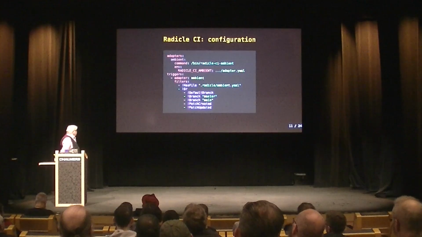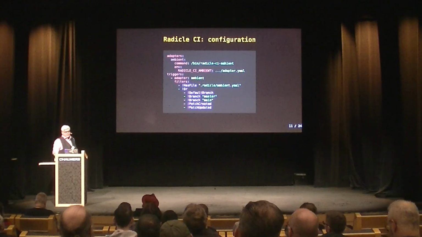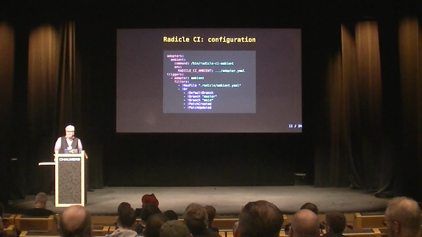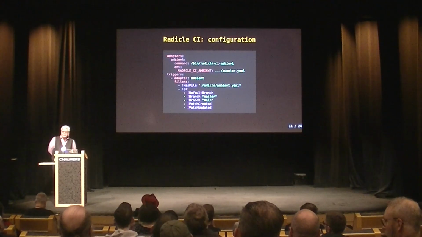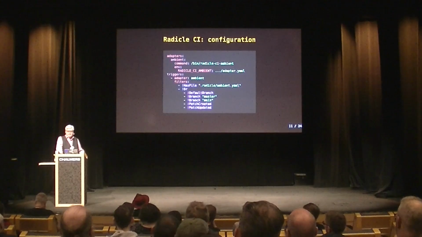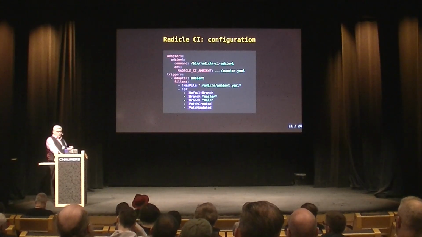This is a slightly abbreviated example of a Radicle CI configuration. Yes, it's YAML, because it's always YAML. But you define one or more adapters that I will explain in a moment. And then you define when these adapters should be used.